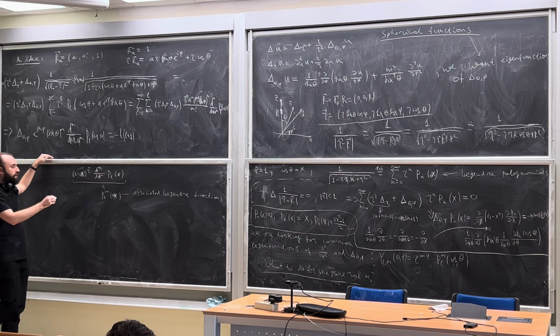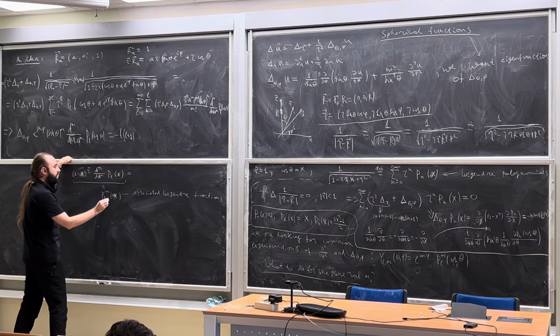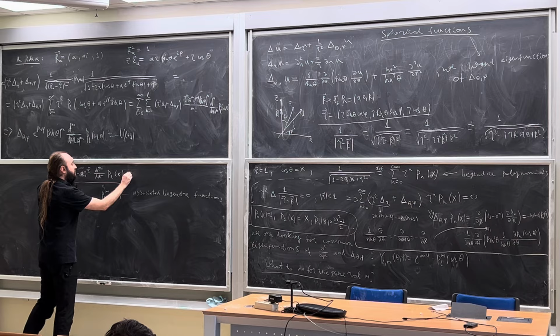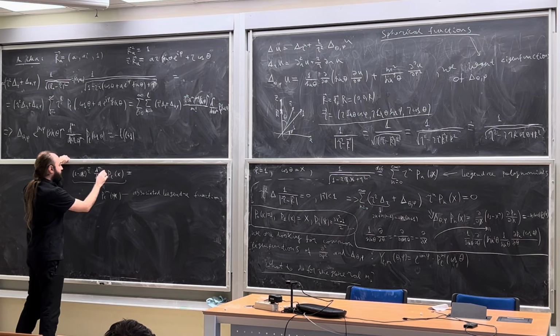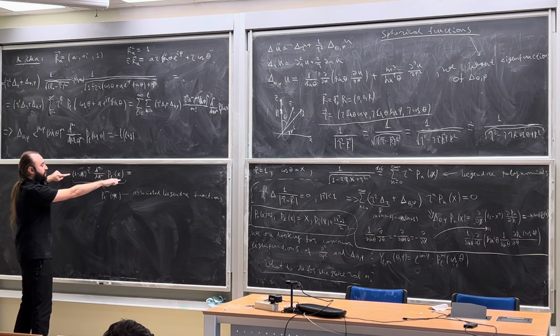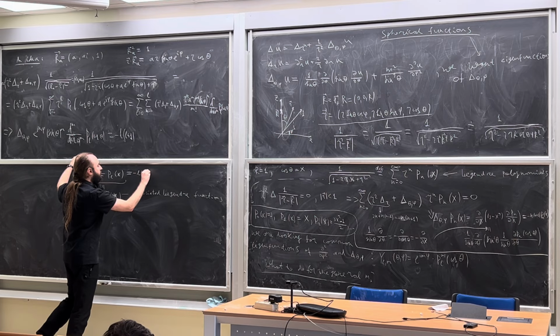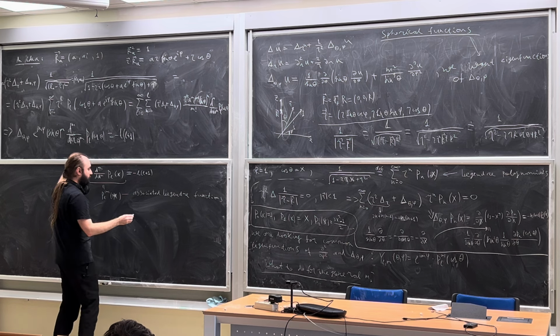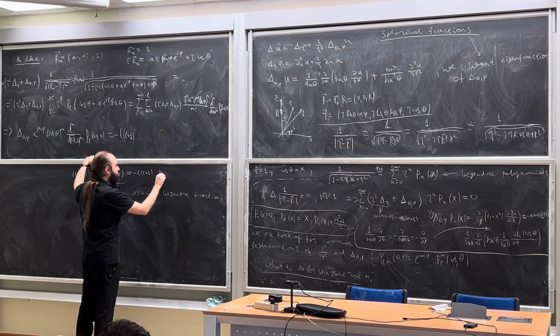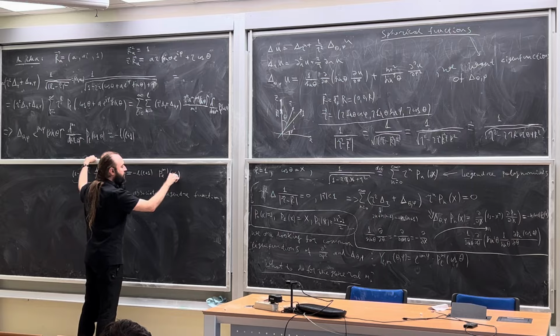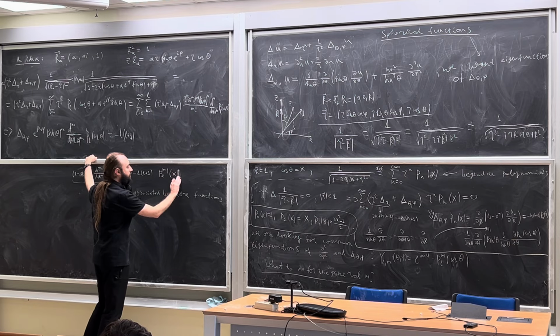Can you tell me the operator in x which acts on this function with this eigenvalue? It's probably a Bessel function. No, what do you mean by Bessel function? Well, something that has spherical symmetry.